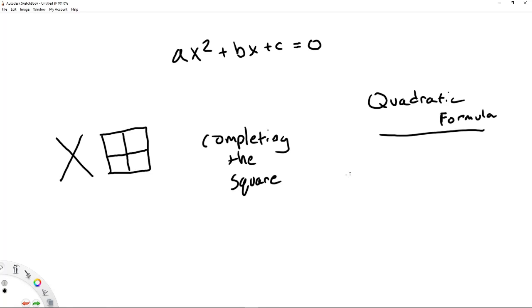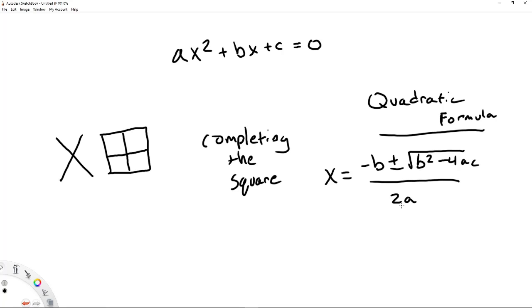And the quadratic formula looks like this. It's basically x is equal to negative b plus or minus the square root of b squared minus 4 times a times c, divided by 2 times a.